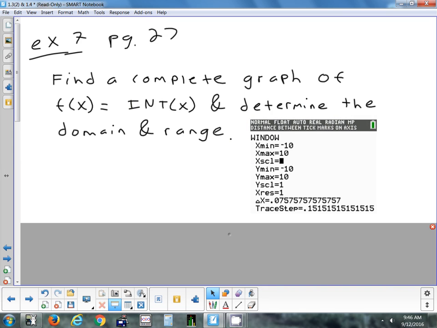So there's my x min, x max, y min, y max. That's not the whole question yet, but that's the first part: find a complete graph.